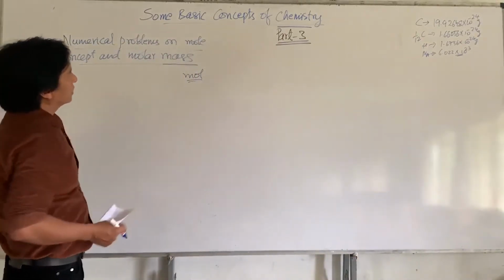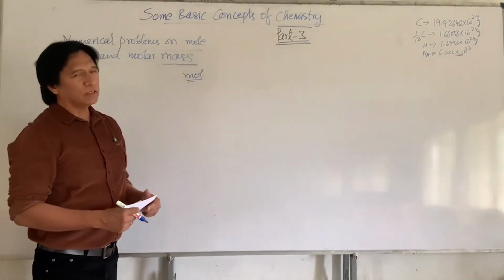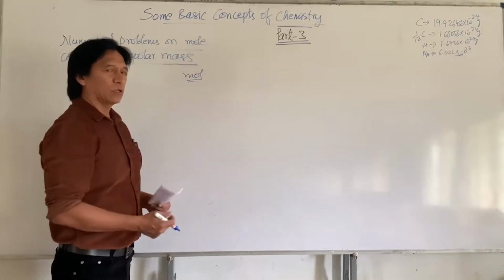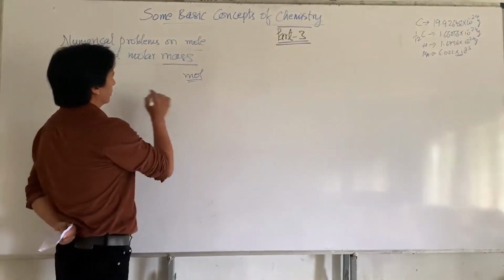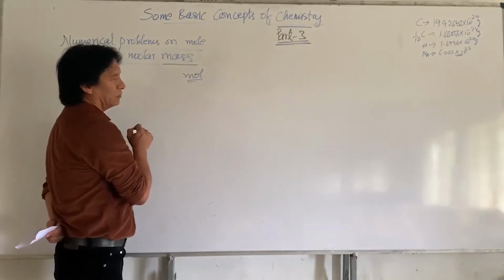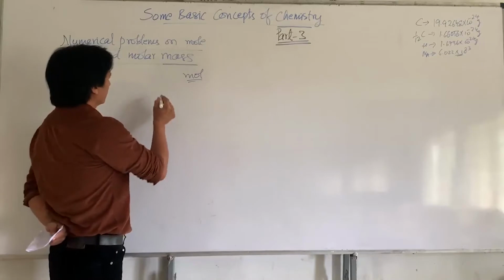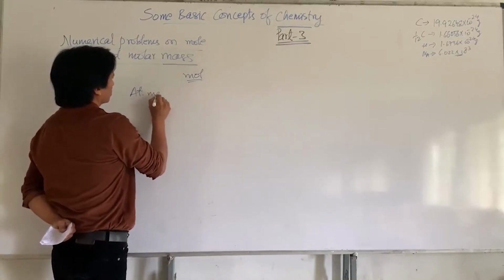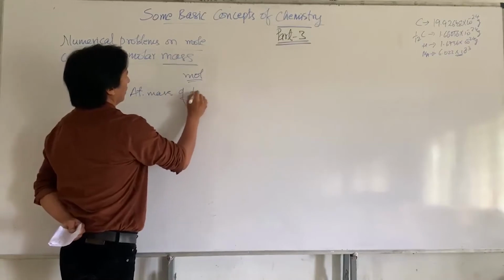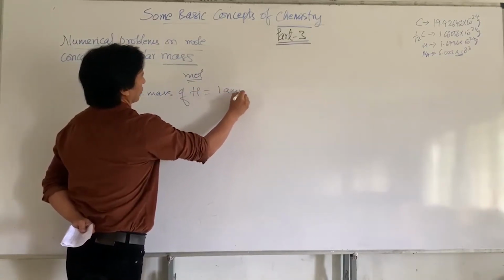And then the next thing is with regard to molar mass. As I said just now, the mass of 1 mole of any substance expressed in grams is called the molar mass. Just an example, you know that the atomic mass of hydrogen is 1 amu, or 1 unified mass.